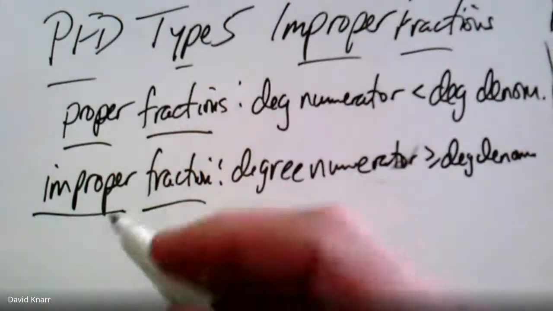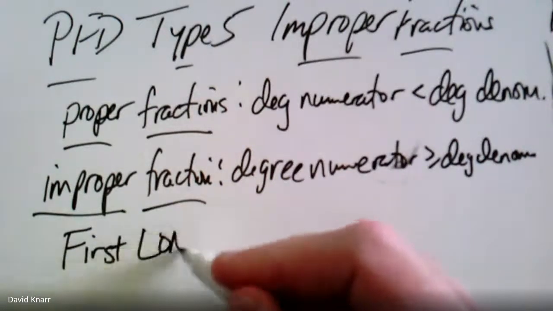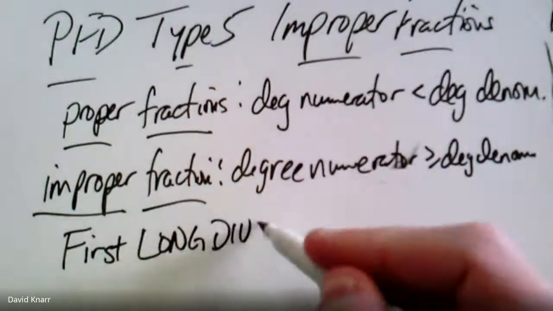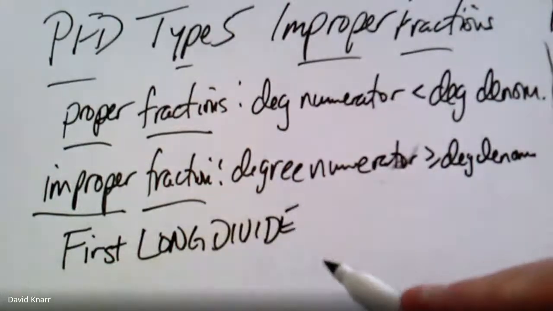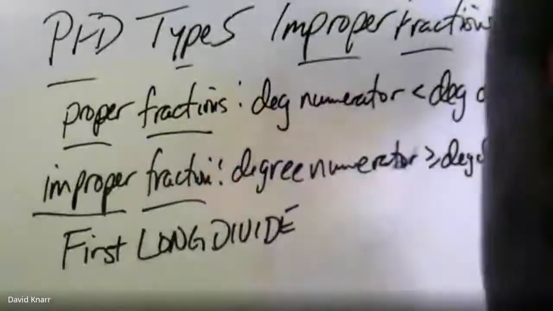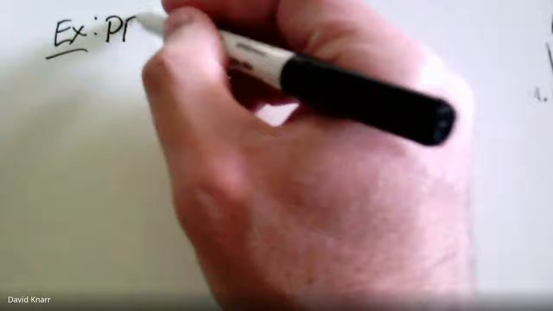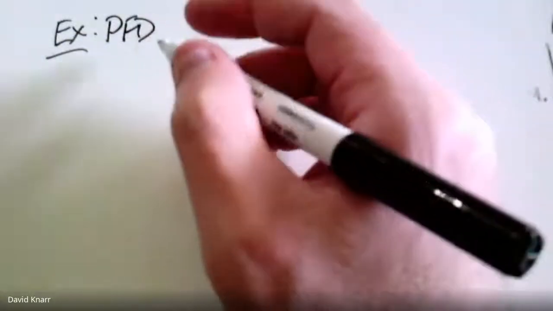What you're going to have to do is first long divide. Everyone's favorite mathematical operation since Algebra 2. You're going to have to long divide the fraction to get something that's proper. Okay, so let's show you how it's done. It basically involves you adding one extra step to the partial fraction decomposition.